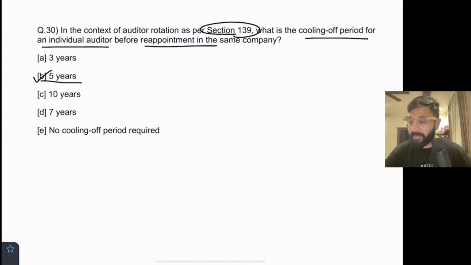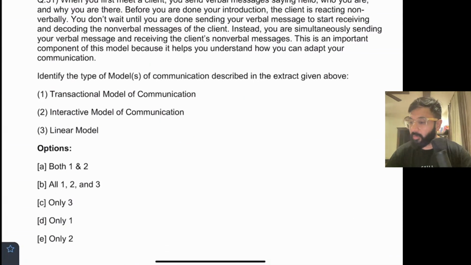Yes, the answer is option number B, 5 years. That is the correct answer here. Okay. आगे चलते हैं.